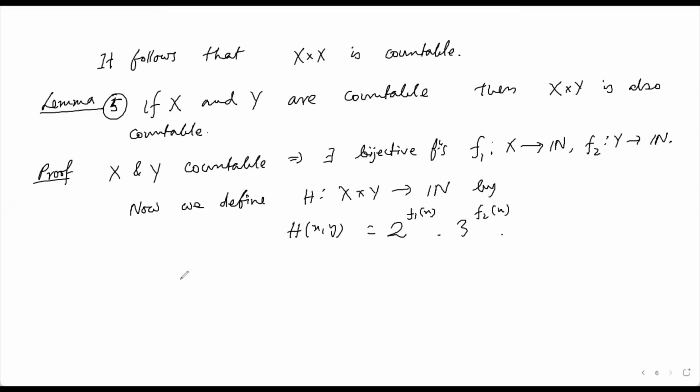Again, it is straightforward to see that h is injective, and it follows that X cross Y is countable, because X cross Y is an infinite set and we have an injective function h from X cross Y to the set of all naturals. So therefore X cross Y is countable.